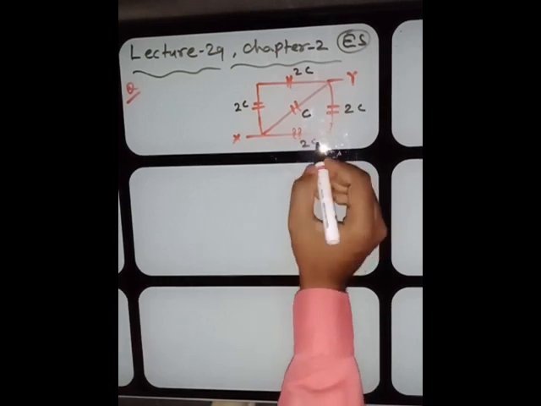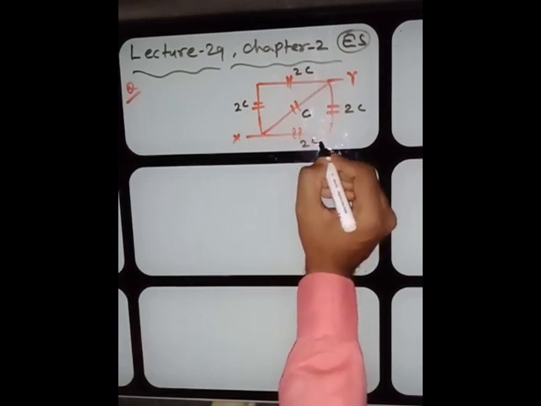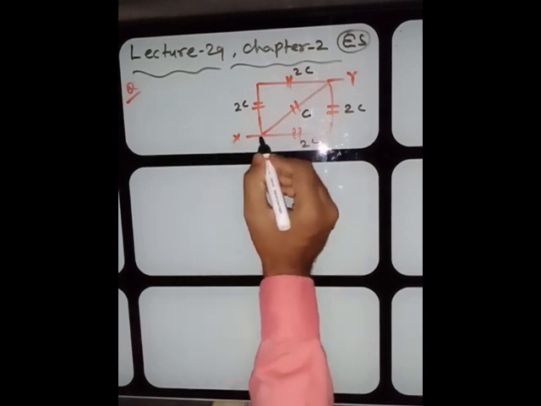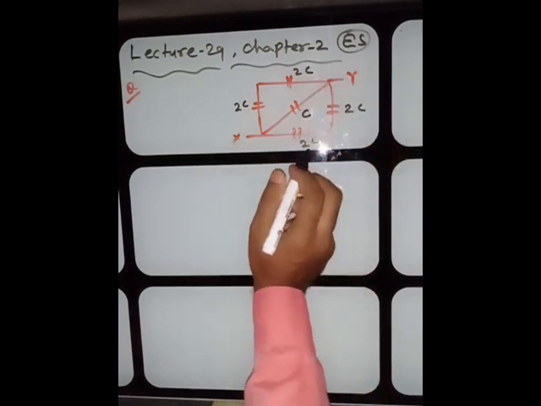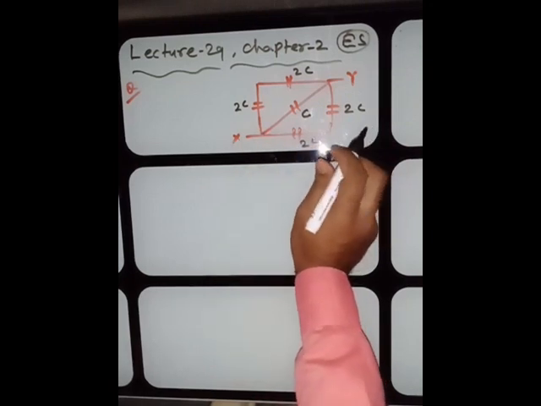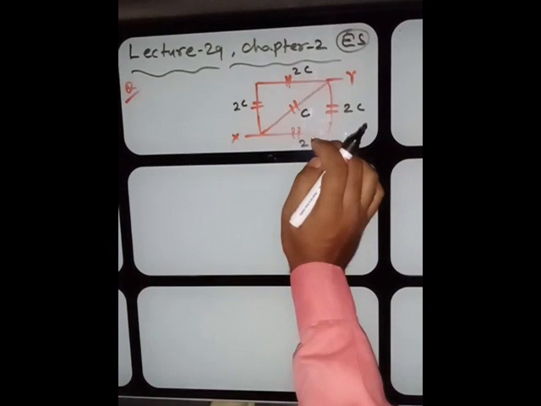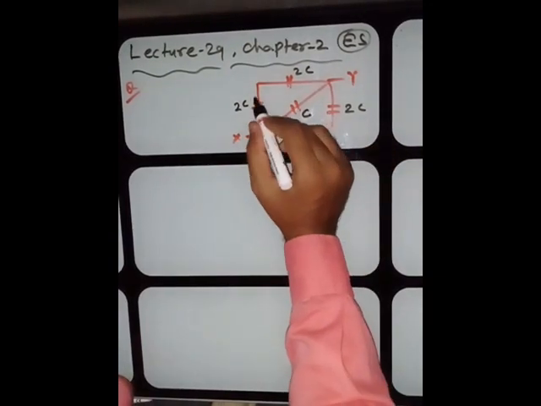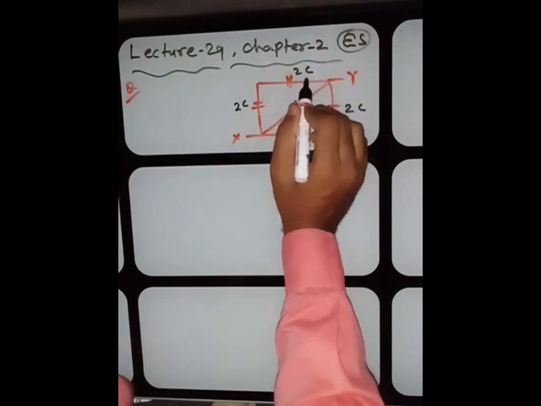Now, this is 2C. Between these two terminals X and Y, you can see the simplest combination, as I told you to see the simplest thing first. So you can see these two are in series.